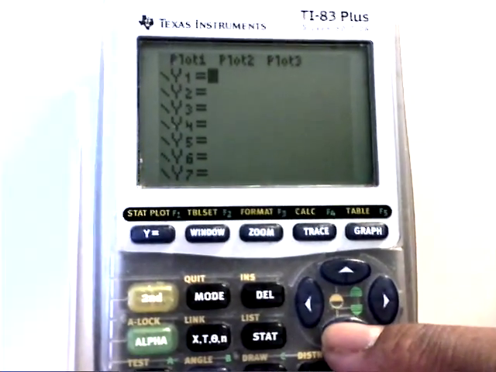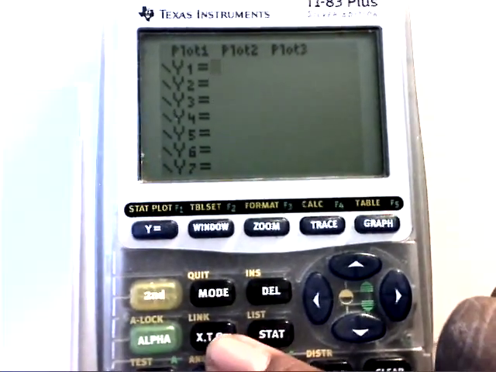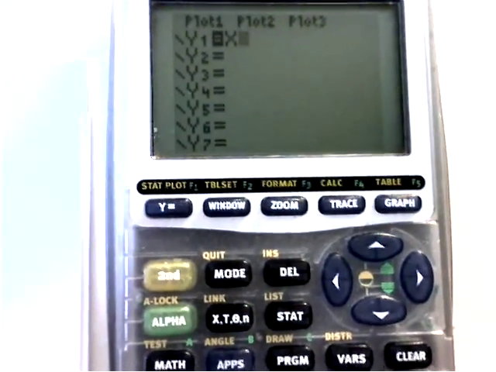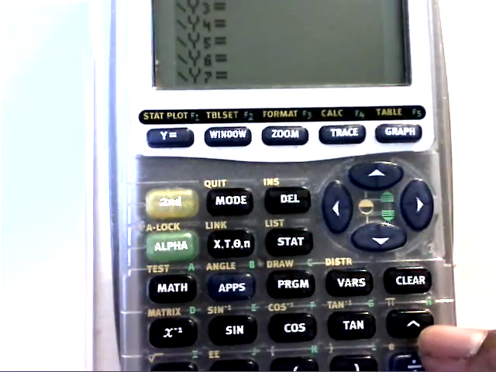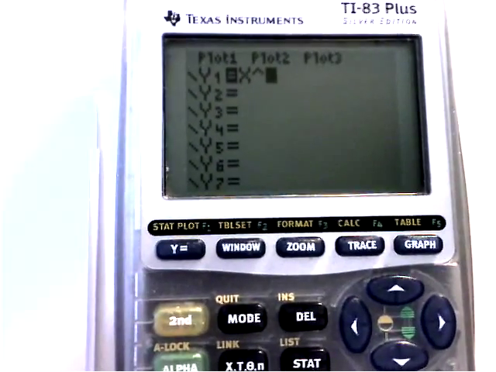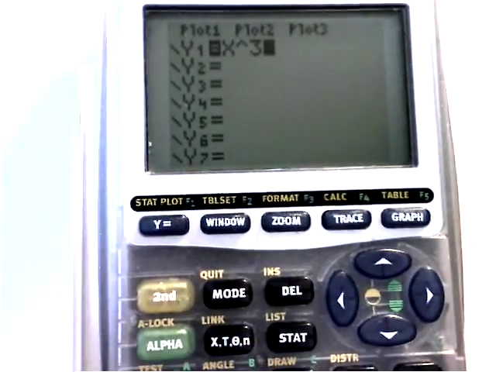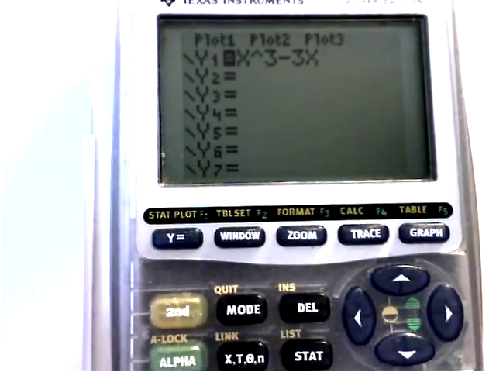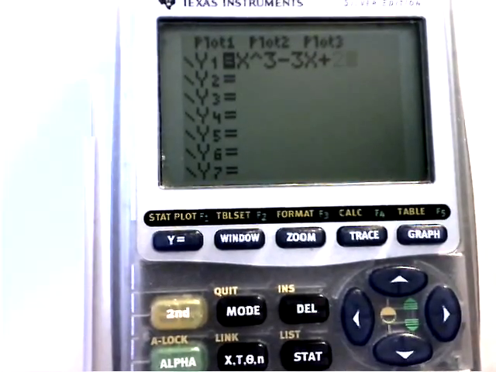In this case, we'll enter our equation x to the third. So for x to the third, I press the X,T,theta key for the x, and then press the caret key for my exponent, and then the exponent of 3, then minus 3, and then x, plus 2.